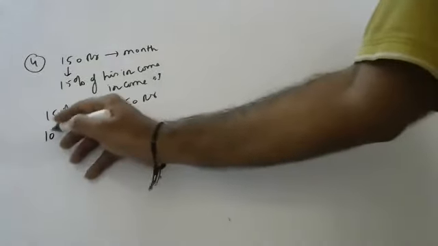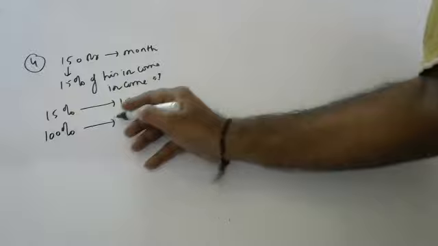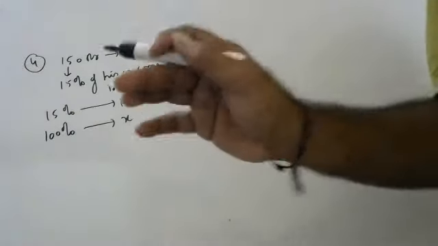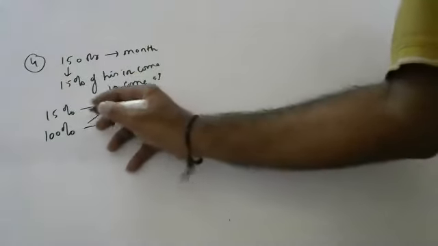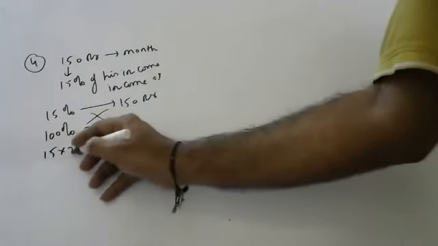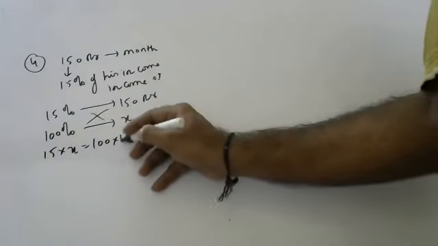So how do you find out his income? 15% is 150. 100% is how much you get, the income. Okay, Sujit, yes, cross multiplication. 15 into x is equal to 100 into 150.